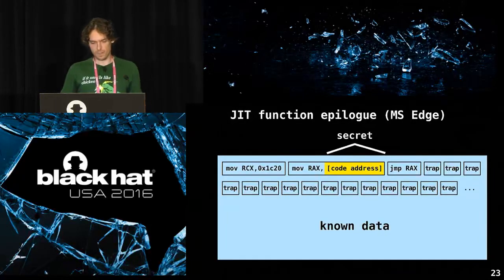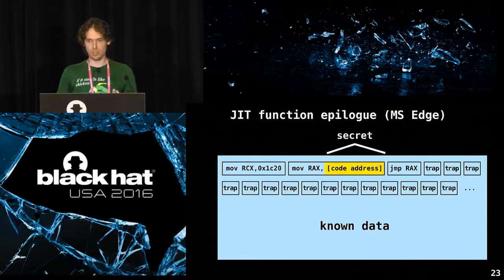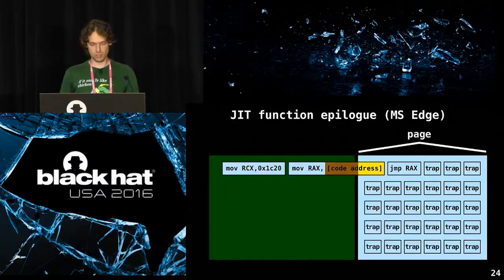So what we do is we create lots of functions which are just big enough to span just over one page. And because Microsoft Edge randomizes the size of the functions, we just spray it with a number of functions, and then some of those will have a code address which spans multiple pages.